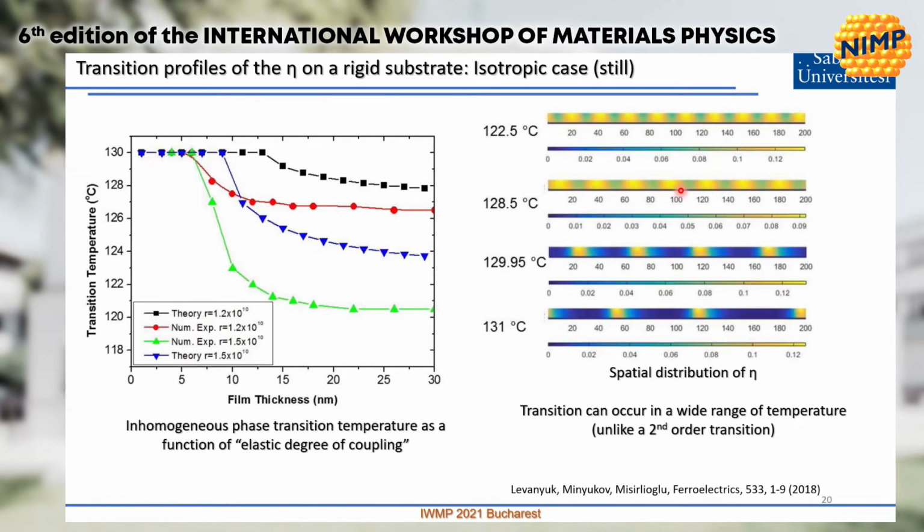Okay, I show you here before I go to my recent results. I would like to show you how the transition temperature could depend on film thickness for various degrees of elastic coupling, and how the order parameter evolves as you heat it up. These are for numbers of barium titanate.